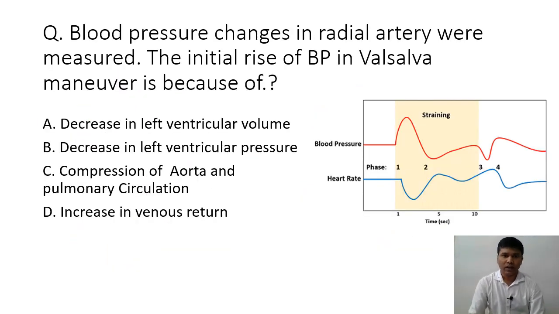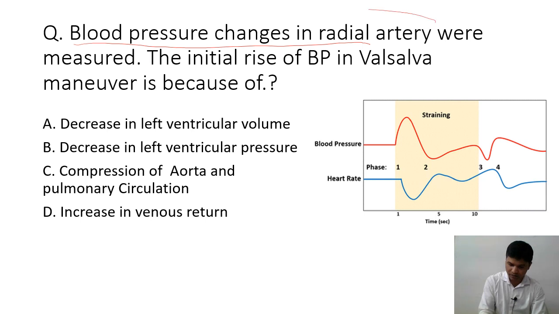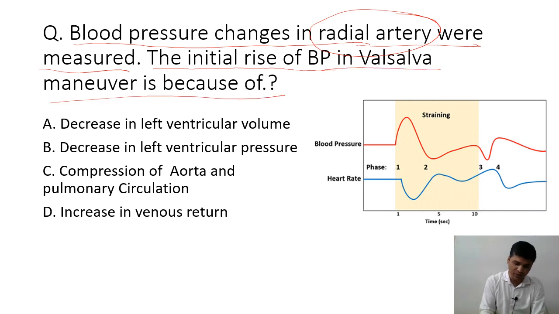Now the next question, blood pressure change. Here the question is about blood pressure measured in the radial artery. The initial rise of BP in the Valsalva maneuver is because of what? In the Valsalva maneuver, you close the nose and glottis and blow, which means intrathoracic pressure will be very high.